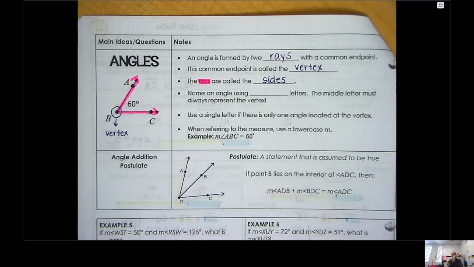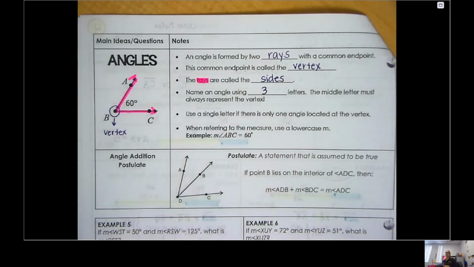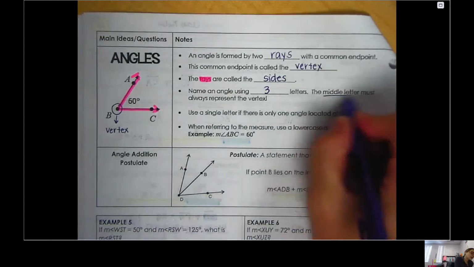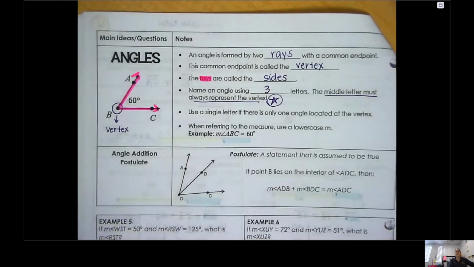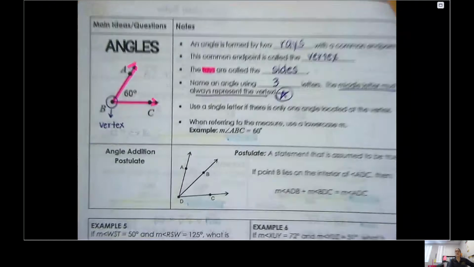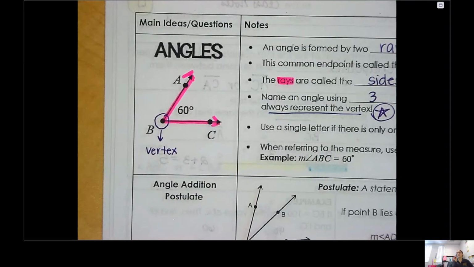When we name an angle, we always have to use 3 letters. And what's important is that the middle letter has to be your vertex. That is the most important thing. Middle letter has to be the vertex. That's so important. So if I'm going to name this angle right here, I can use 3 letters, and the vertex has to be the one in the middle, the second letter.